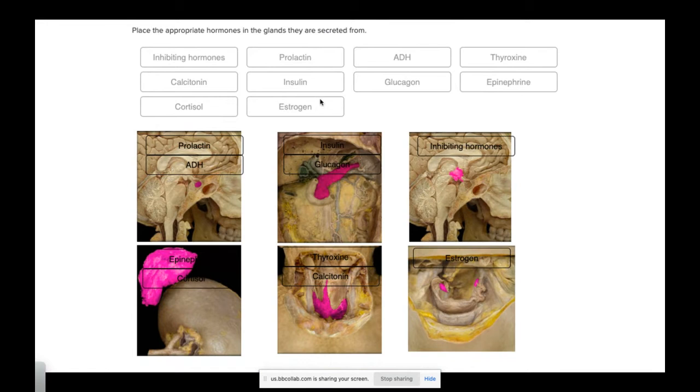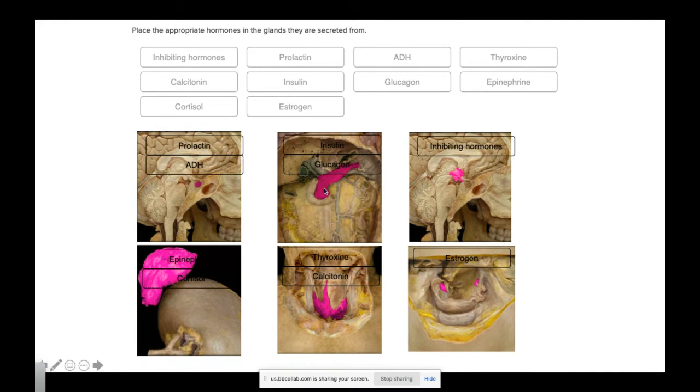What you need to do is drag and drop these hormones to the appropriate gland that secretes or releases them. So it's really testing a few bits of information, right?